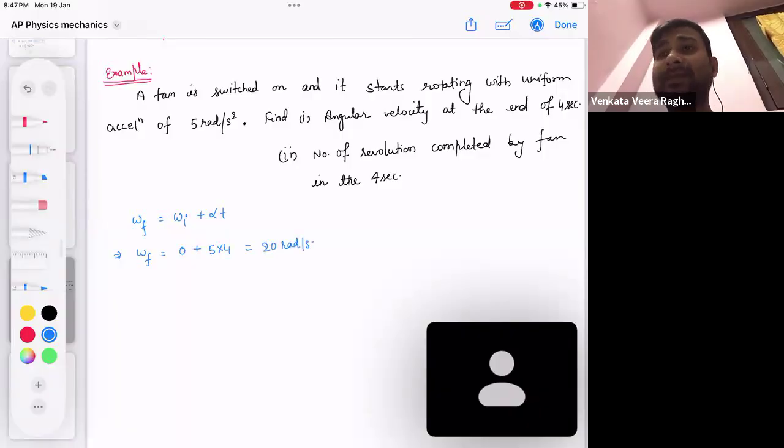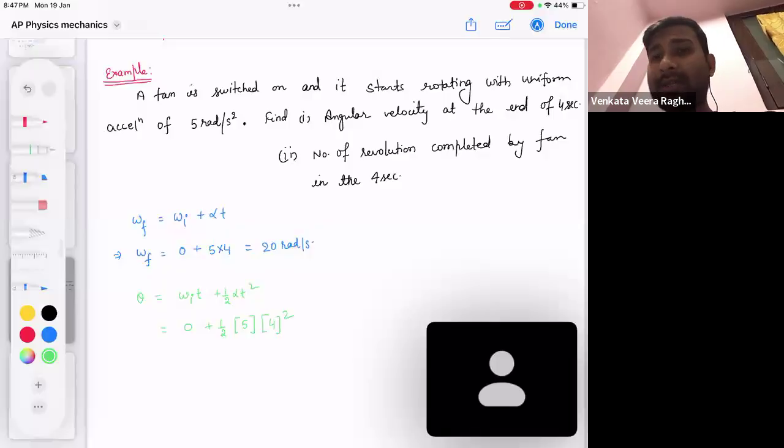Number of revolution completed by the fan in 4 seconds. If I want to calculate the number of revolution, should I use theta equal to omega initial into t plus half alpha into t square? Initial omega 0, right? Plus half, alpha is 5, t is 4 second squared.